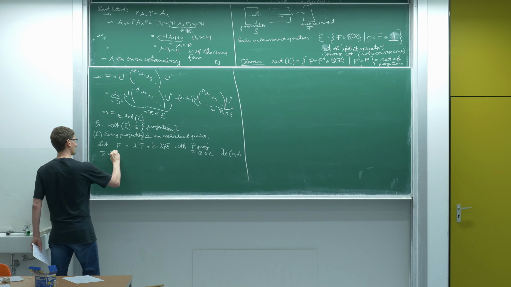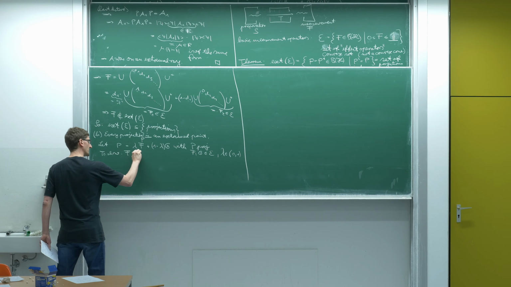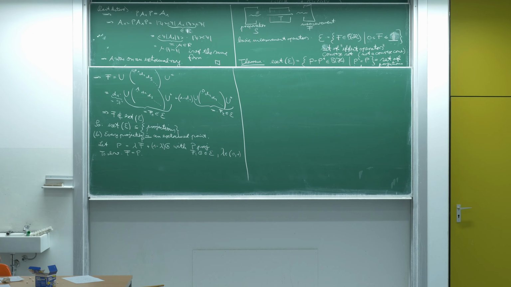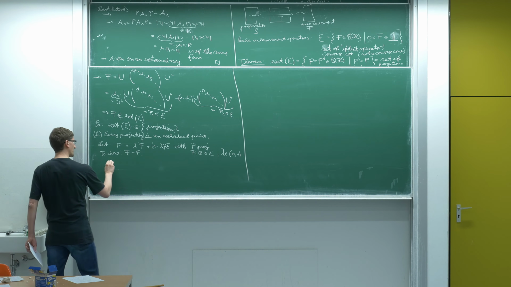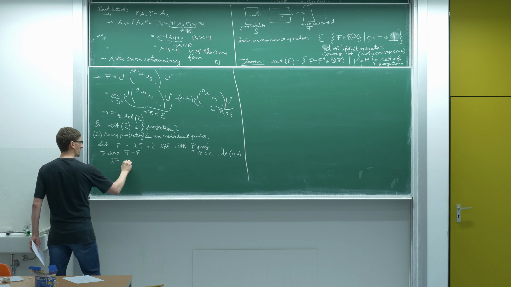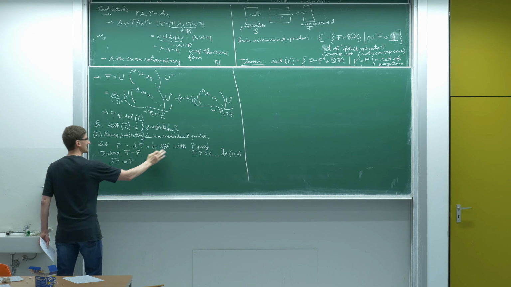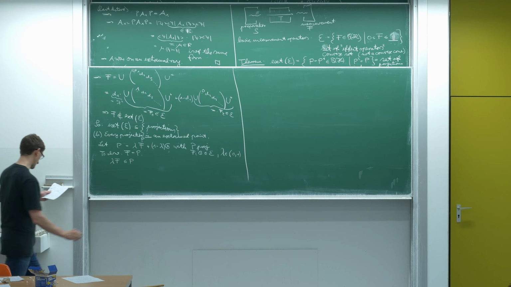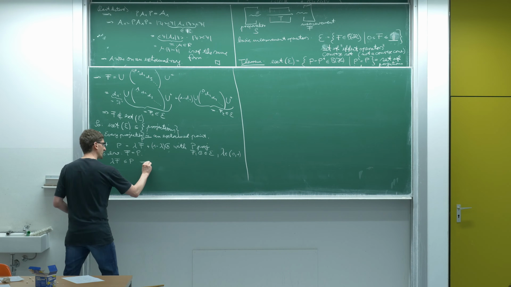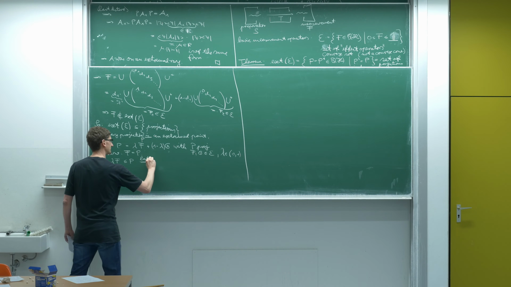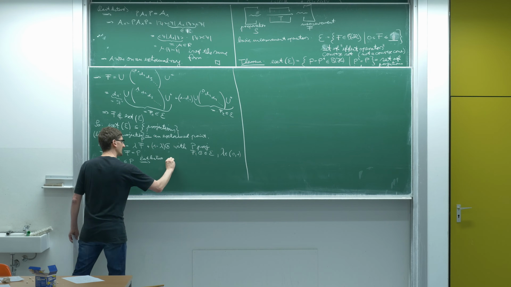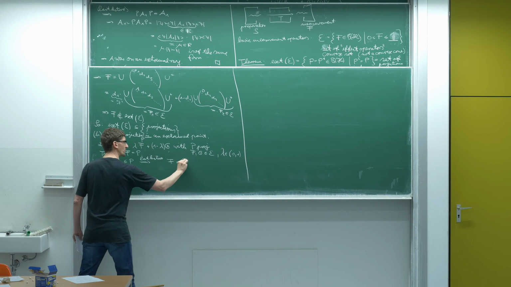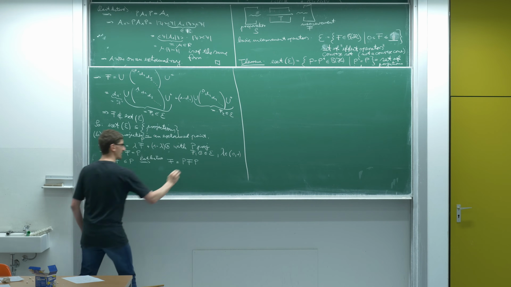To show that F is equal to the projection. Because this is a positive semi-definite operator, we know that lambda times F is smaller or equal than P, because lambda times F plus something positive is equal to P, so lambda times F has to be smaller or equal than P. So this implies, from what we've shown in the last lecture, that F is in fact equal to the projection times F times the projection.